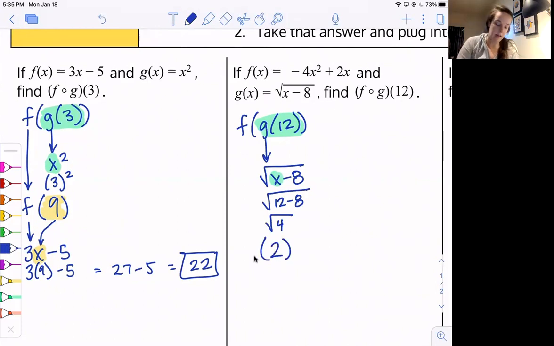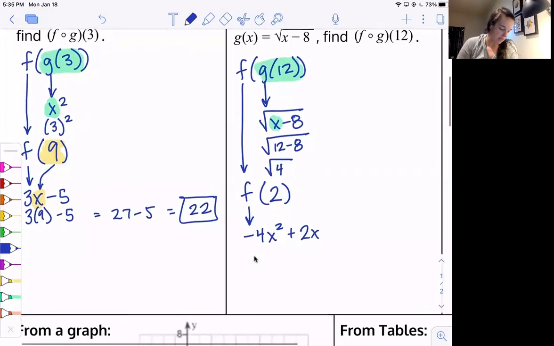So now I'm going to find f of 2. The f of x equation is negative 4x squared plus 2x. So you may notice here that there are two places where x shows up in our function. We're going to plug the 2 into both of them, right? So I'm going to have negative 4 times 2 squared plus 2 times 2.